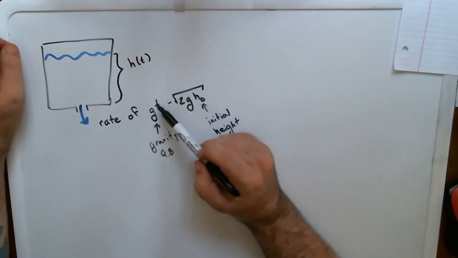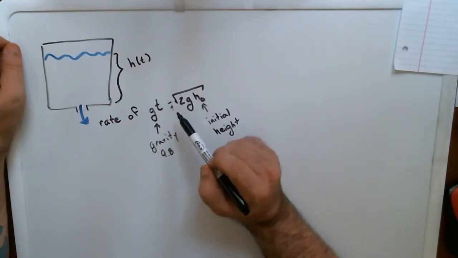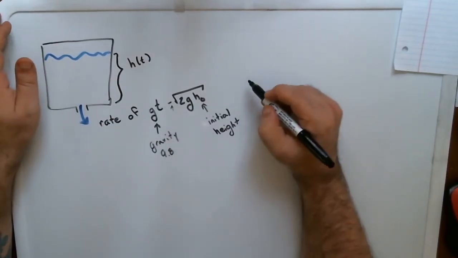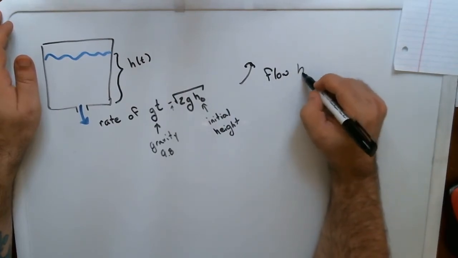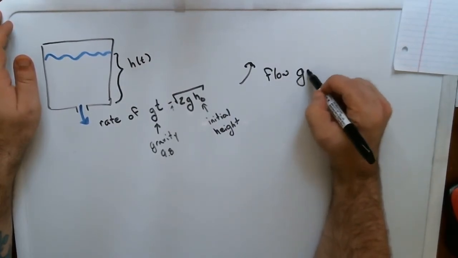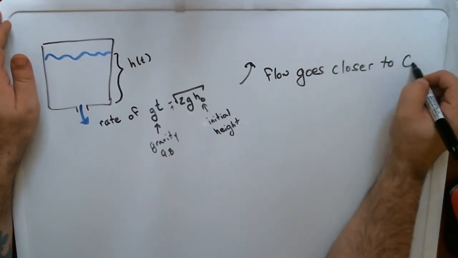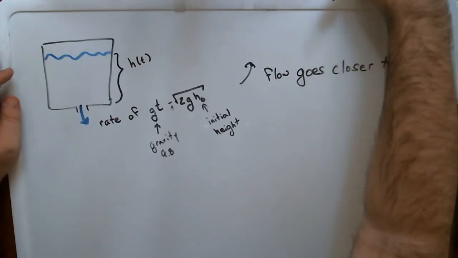Then as time goes on, this term gets bigger, and so the outflow, we know it's out because it's negative, starts to decrease. So this quantity increases, so my flow goes closer to 0. Okay, so I'm losing less and less per unit time as we go on. Kind of makes sense? Okay.